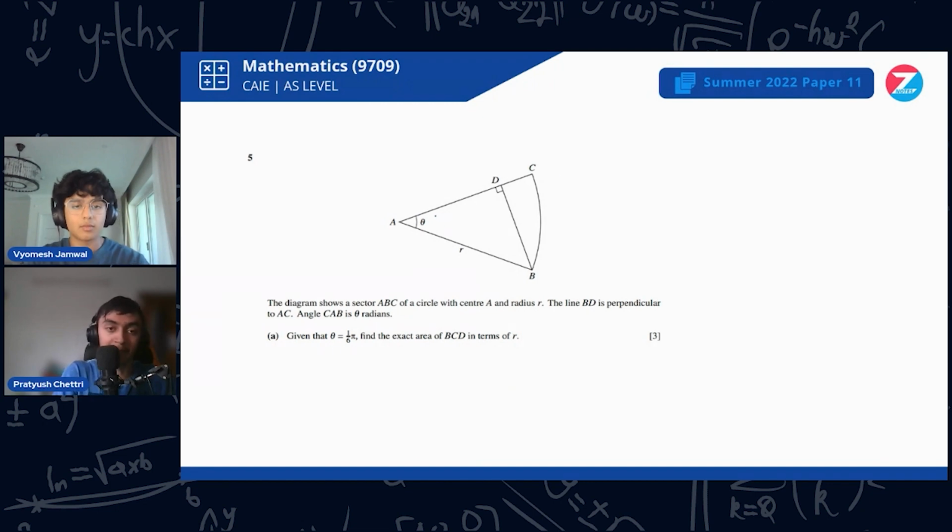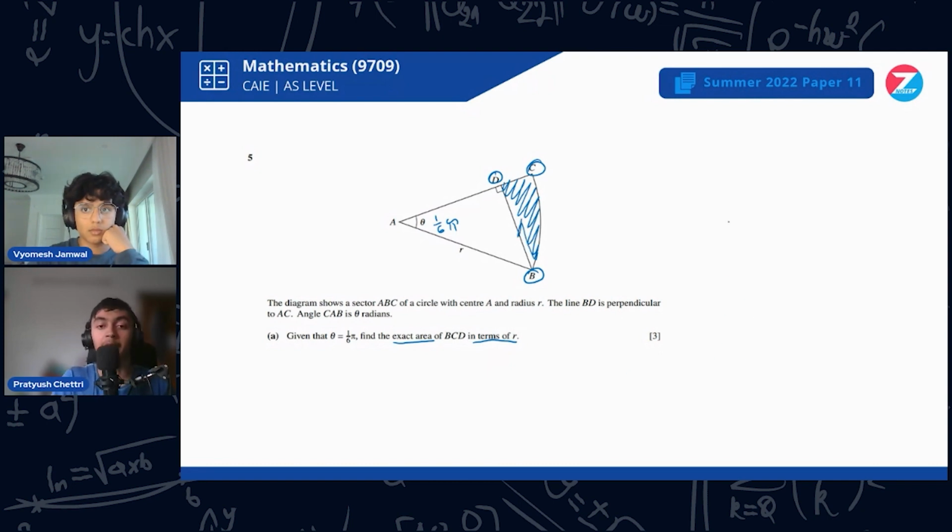Given that the angle is 1/6 pi radians, give the exact area, meaning no rounding or whatever, in terms of r. So using the variable r. And it's asking for BDC. So that means this area here.